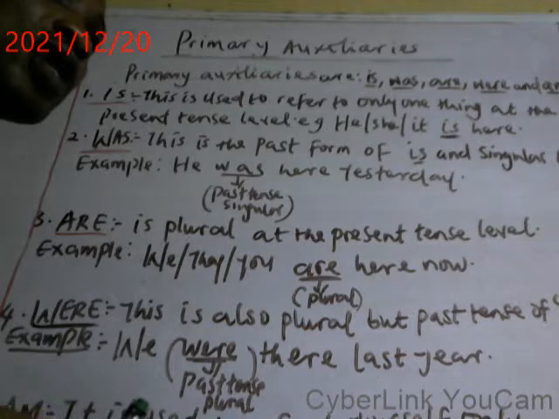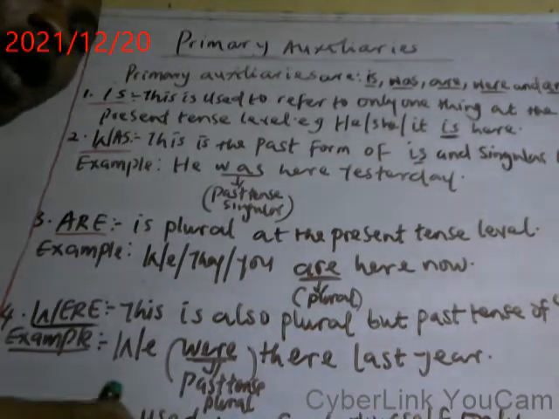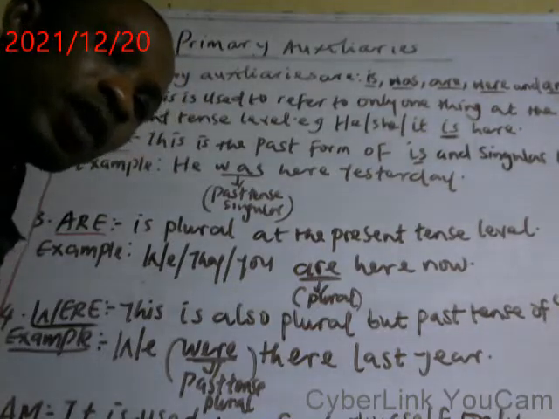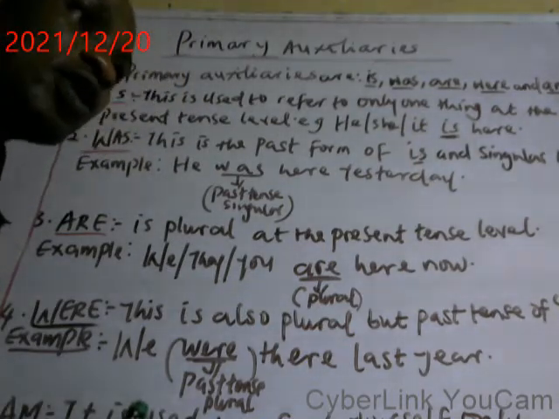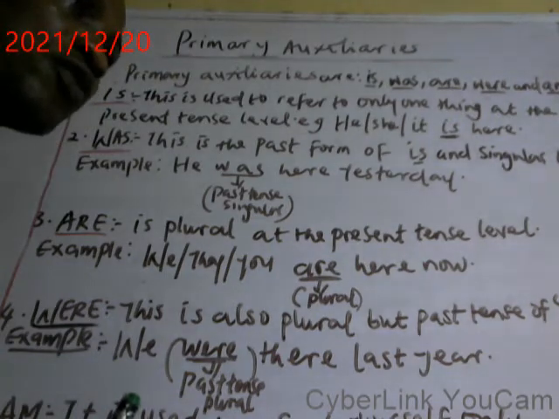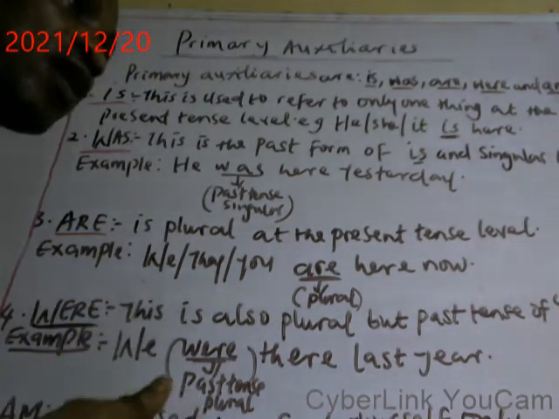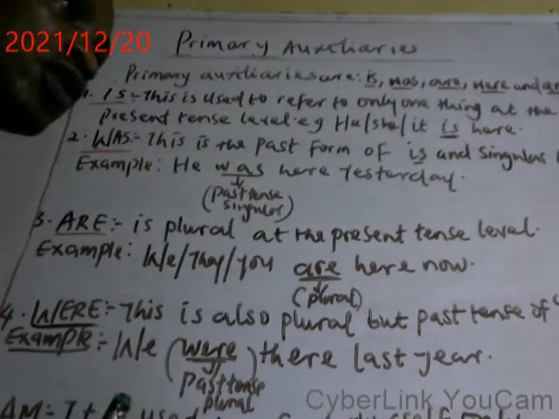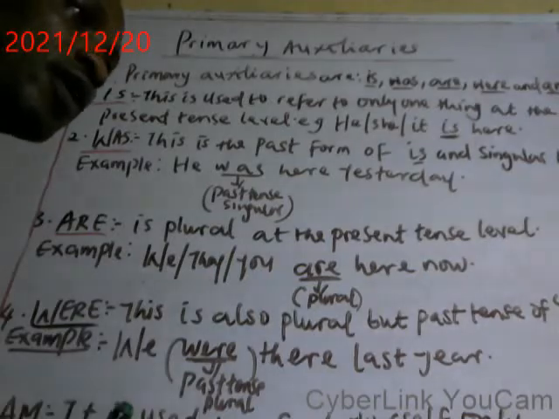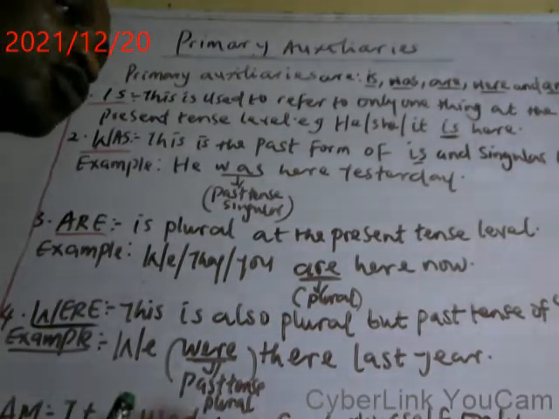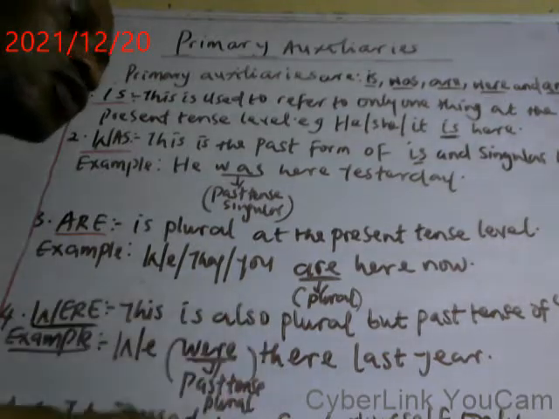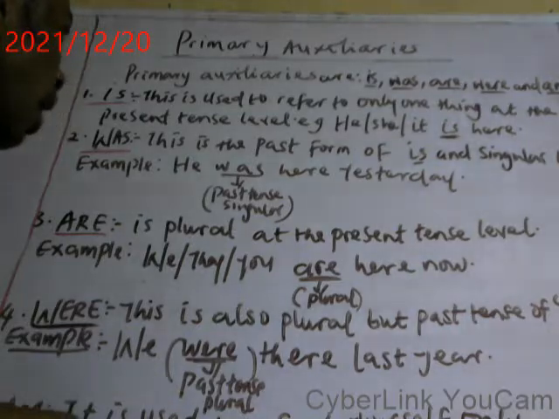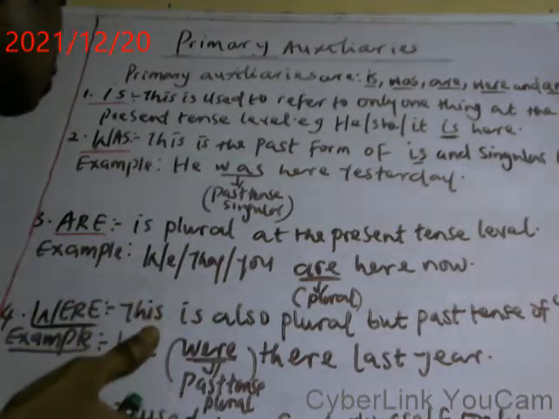It means that "is", as one of the primary auxiliary verbs, is singular and at the same time can be used at present tense level. So when you have a singular subject and the information you want to pass is present, make use of "is". Okay? And how can we do this?